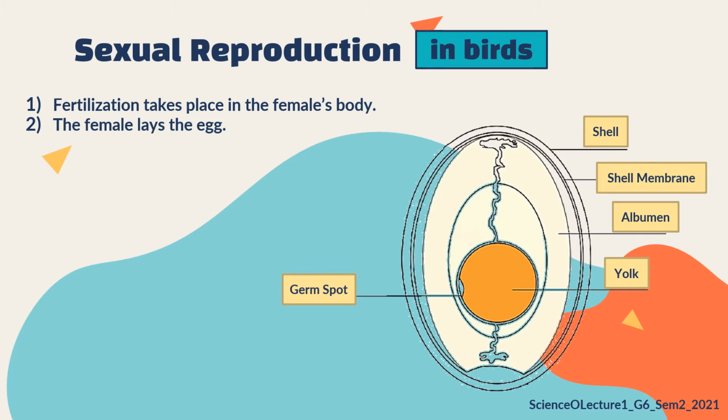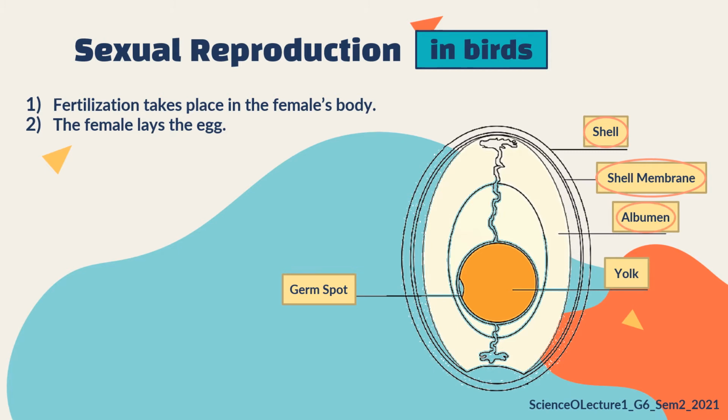The internal parts of the egg are protected by shell membranes, and on the outside we have the shell of the egg. The shell lets oxygen pass through to the embryo growing inside the egg. The shell membranes protect and support the embryo.